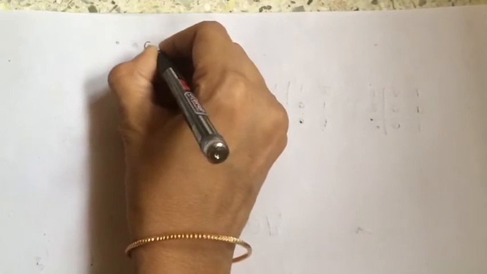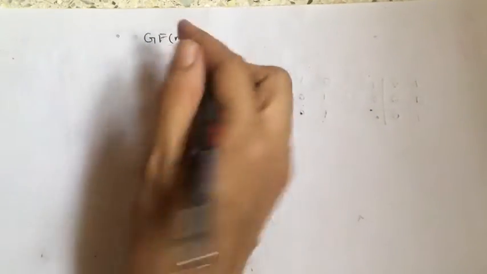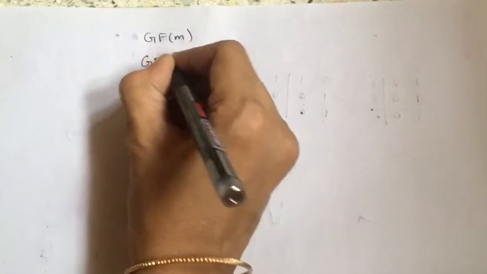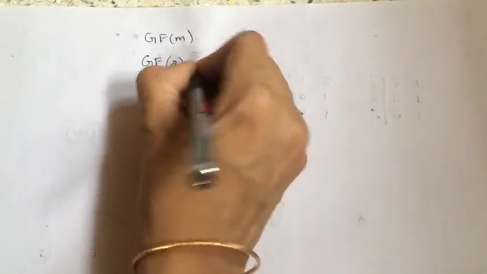Such fields are nothing but the Galois field, usually denoted by GF of m. In the study of graph theory, we are dealing with only Galois field mod 2.